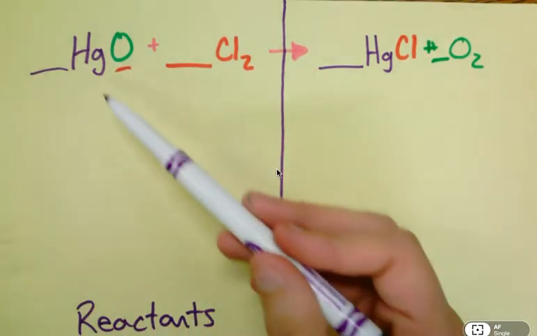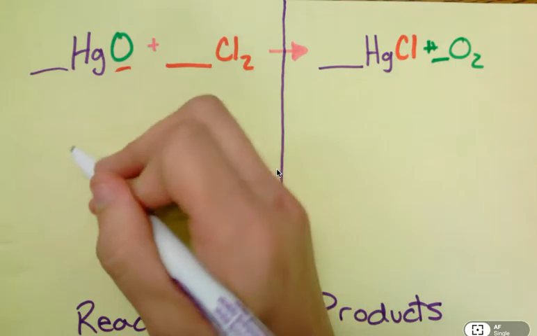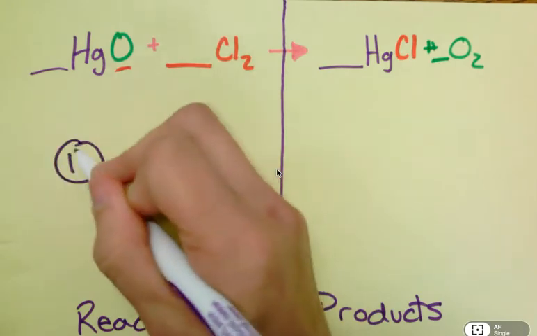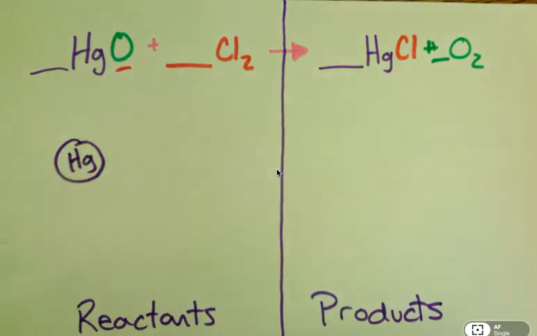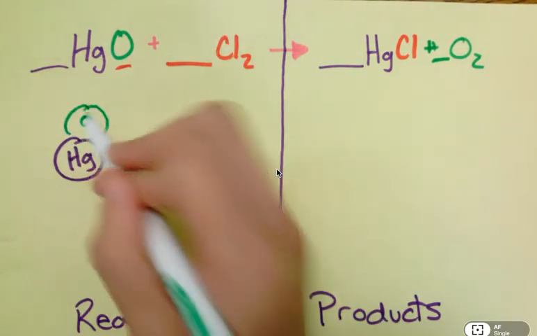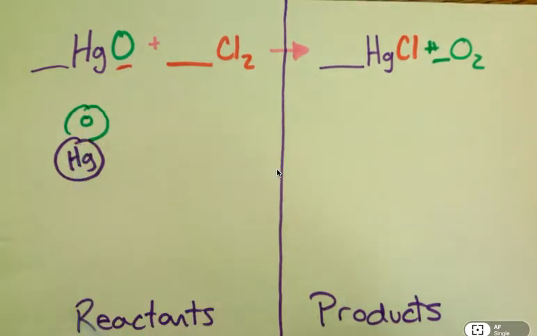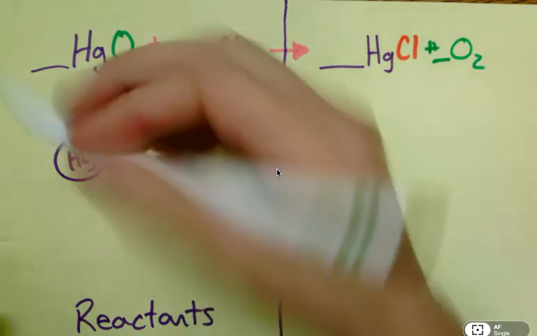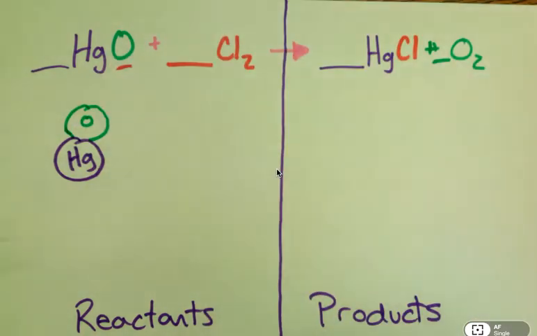So our first one, HgO, so that's mercury oxide. I have one atom of Hg, mercury, and one atom of oxygen. I'm going to draw them so that they are touching one another. That shows me that they're one molecule. All right, it's one compound. It's one thing made of two atoms.